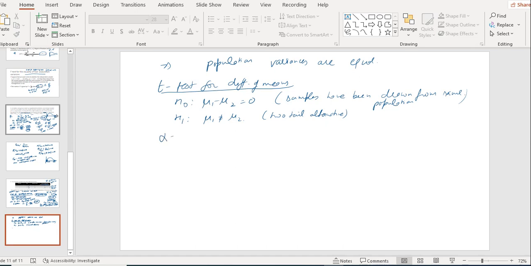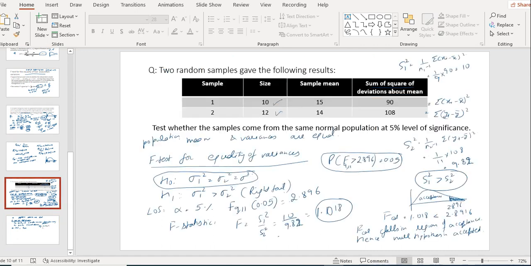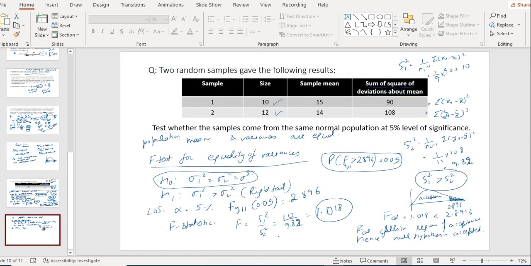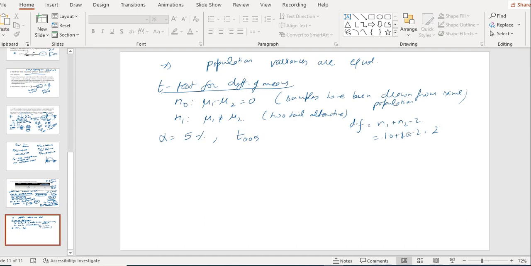Alpha level of significance is given as 5%, so we need to check the value of t at 5% level of significance. And what is the degree of freedom? In this case it is n1 plus n2 minus 2, that is 10 plus 12 minus 2, 22 minus 2 is 20.